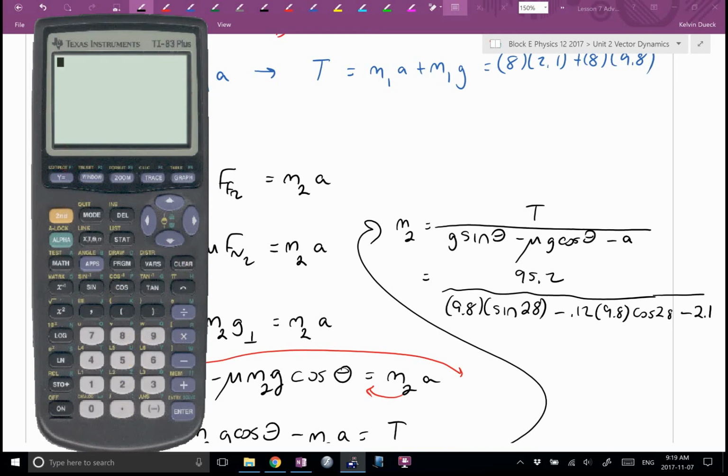Let's do this properly. 95.2 divided by bracket 9.8 sine 28 minus 0.12 times 9.8 cos 28 minus 2.1. Do you get mass 2 being 65.1 kilograms? There you go.